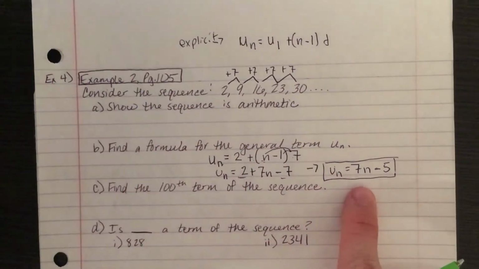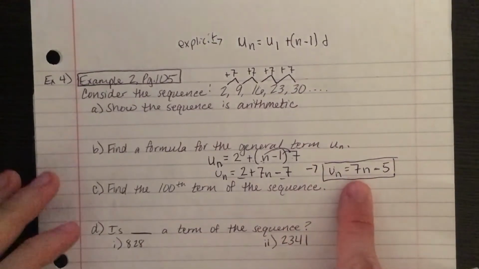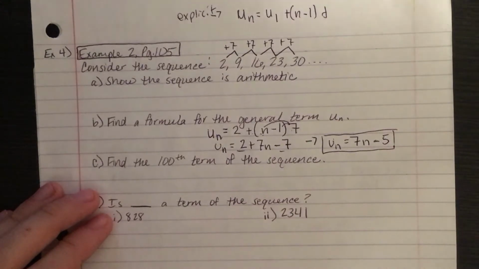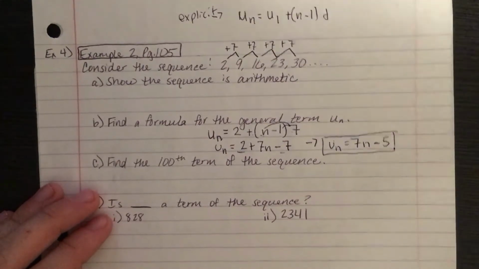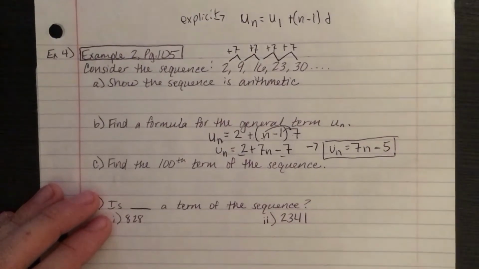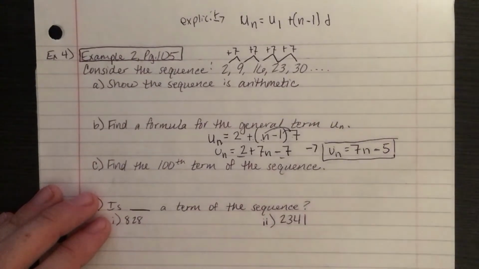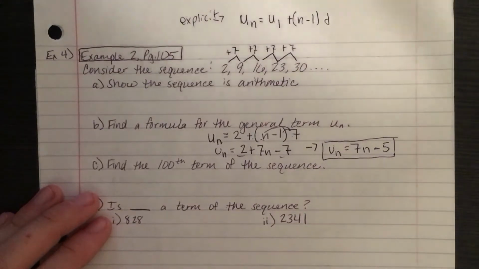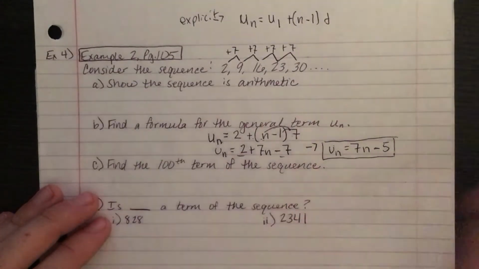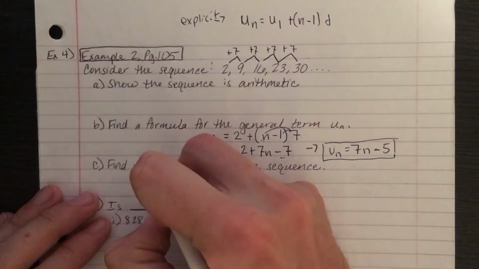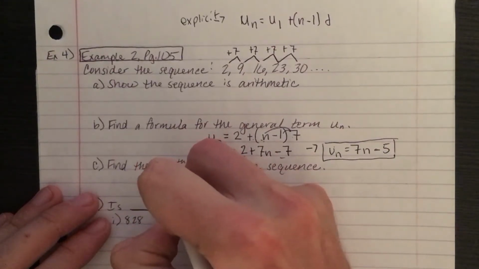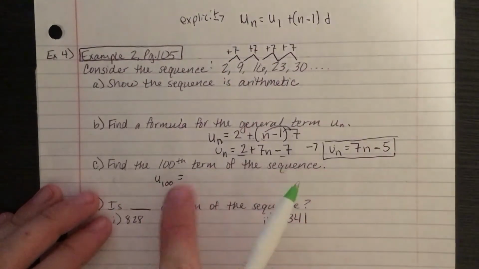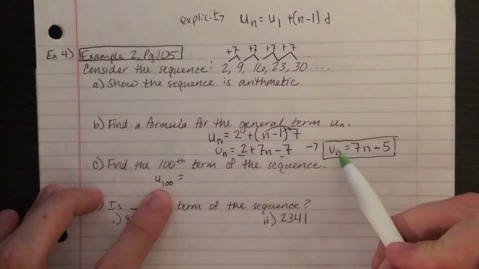The reason we simplify that is now, if we want to find what value a certain term is, all we have to do is substitute n. We don't have to worry about punching it into a calculator or anything of that nature. So if we want to find the 100th term of this sequence, U sub 100, we replace n with 100.